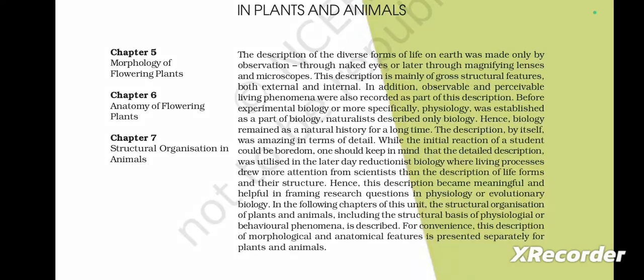Hence, this description became meaningful and helpful in framing research questions in physiology or evolutionary biology. In the following chapters of this unit, the structural organization of plants and animals, including the structural basis of physiological or behavioral phenomena, is described. For convenience, this description of morphological and anatomical features is presented separately for plants and animals.